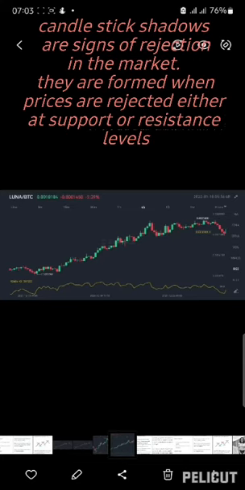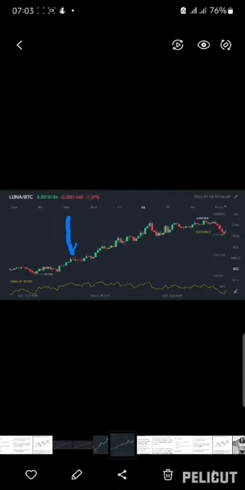This red candle here. What happened to the green one also happened here. The green one had a shadow, but the red one has a longer shadow. You can see that in the new time frame, the price tried to hit this new resistance level again, but buyers rejected it and it started pulling back again.